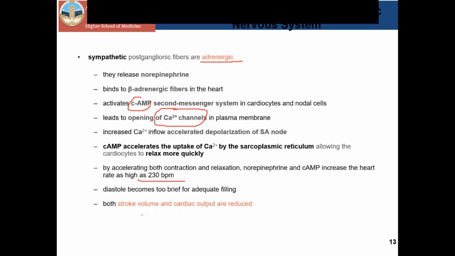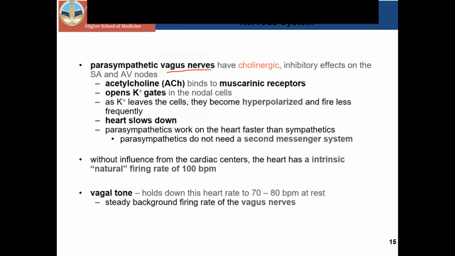This one, the parasympathetic vagus nerve, is cholinergic. It means they produce acetylcholine, and acetylcholine binds to muscarinic receptors, opens potassium gates, and this potassium leaves the cells, and they become hyperpolarized and fire less frequently. After that, our heart slows down.